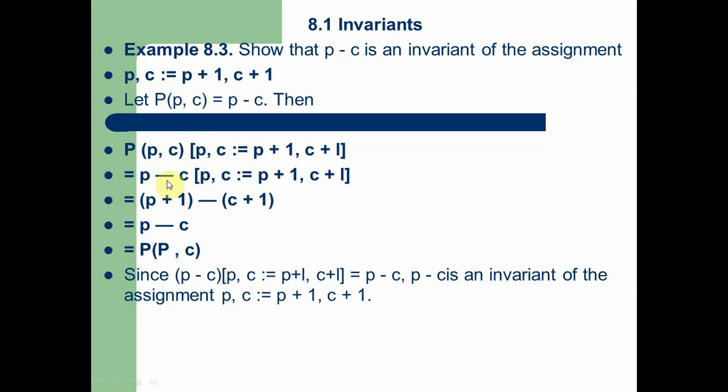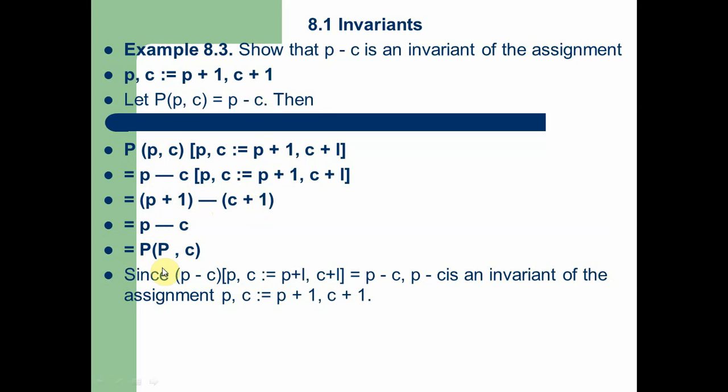Again, when we apply this concept, p minus c, to the value of P, the value of p is p plus 1 and the value of c is c plus 1. So this can be written as p plus 1 minus c plus 1, and again we come to the same expression, p minus c.